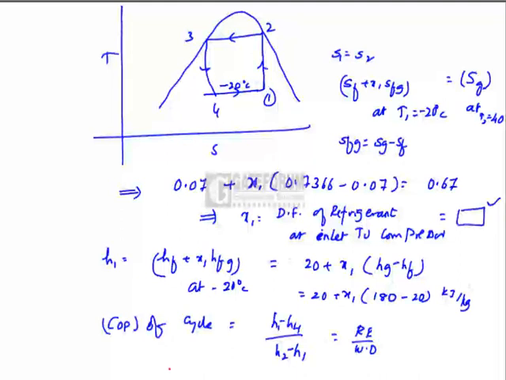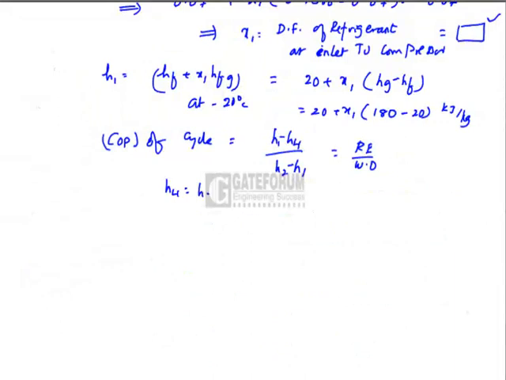But H4 is H3, since 3 to 4 is throttling. Therefore, COP is equal to H1 minus H3 divided by H2 minus H1.